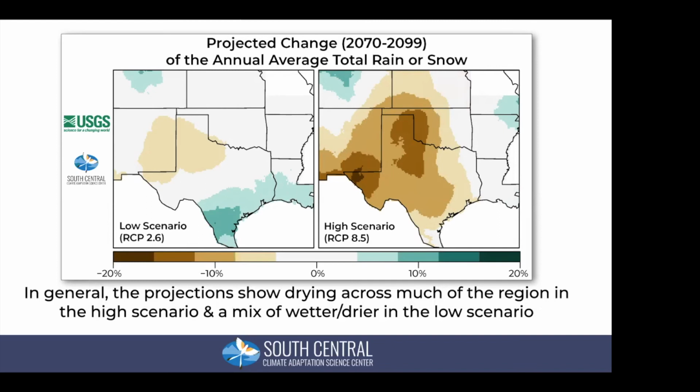Here, we get a better idea of how many more or less days we would have with rain. So in RCP 2.6, we see that there's not much of a change in the average number of rain days by mid-century. But in RCP 8.5, we see an average decrease of 2 to 5 days in measurable rain across much of our region.